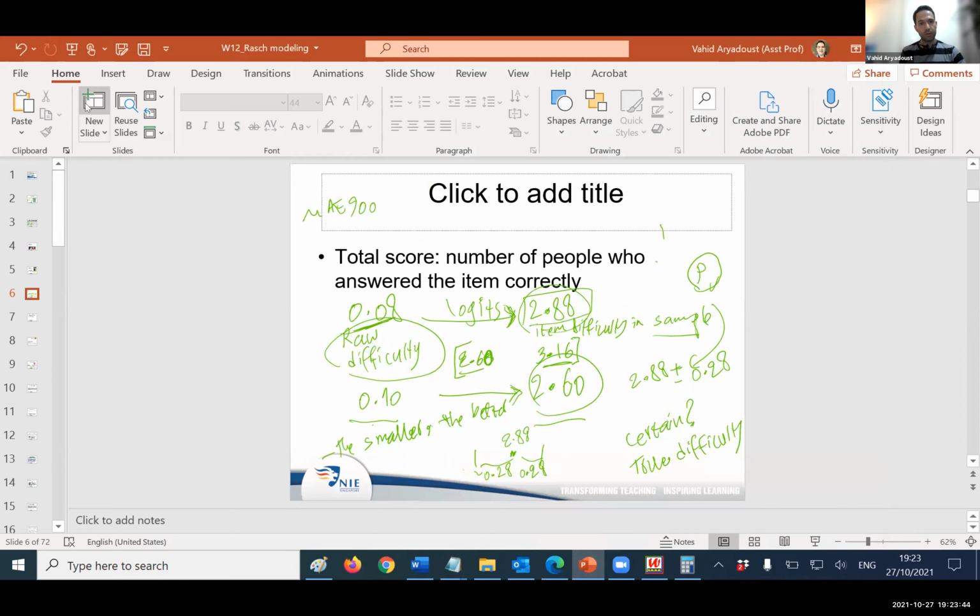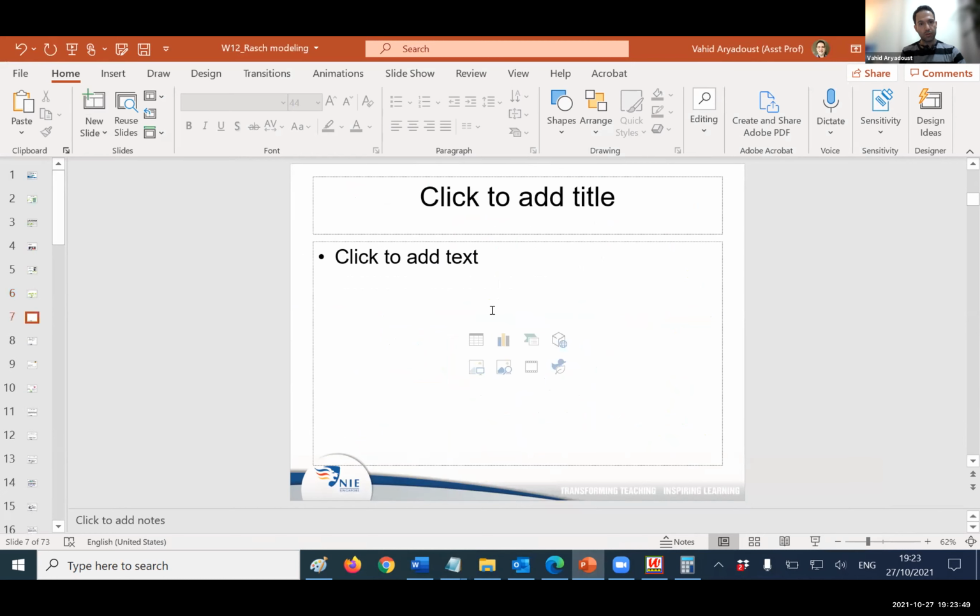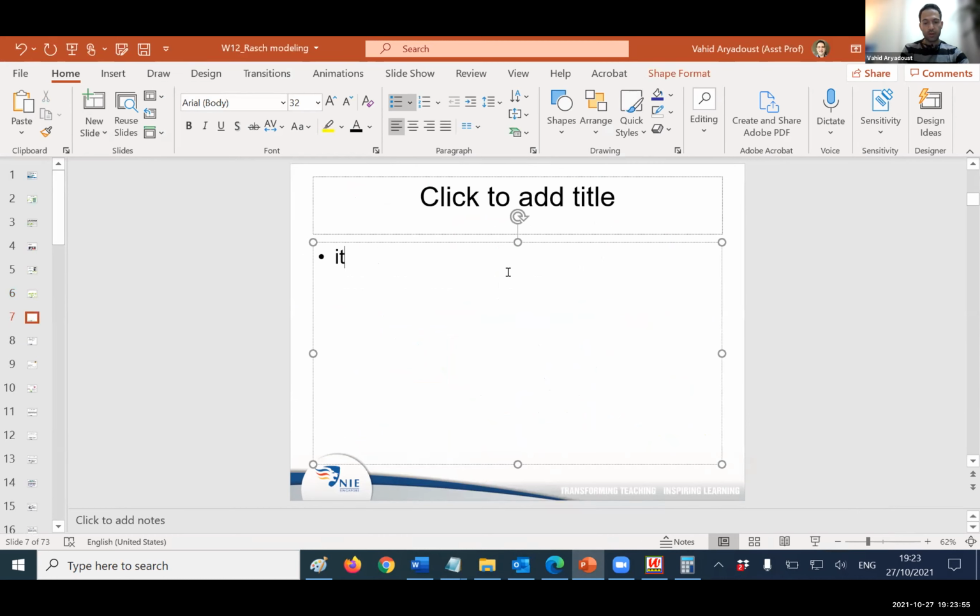So I'm going to add another slide here. So far, we have learned that item difficulty has errors, standard error. This is certainty. Of course, person ability has the same thing.